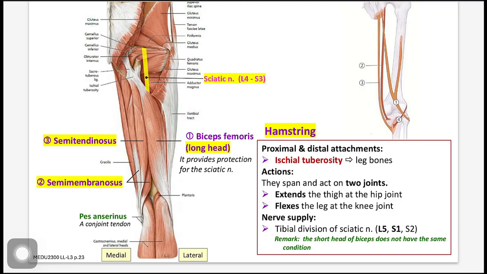So this is the extend action of the hamstring muscles, okay? And as I just mentioned, they also cross the knee joint. If we keep the posterior proximal attachment site relatively fixed and the muscle contracts this way, you actually lift up the leg. So that's why we say it flexes the leg at the knee joint, okay?